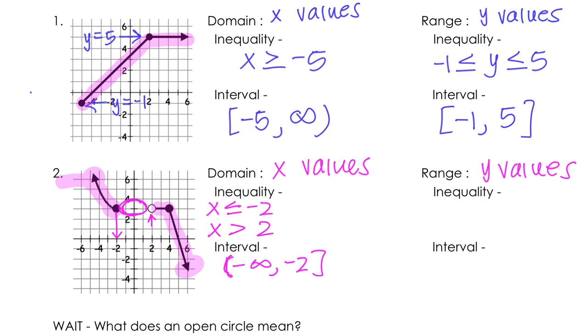Our other interval starts at +2. Is +2 included? Then will it get a bracket? It'll get a parentheses, okay? And we go to positive infinity. So we go from negative infinity to -2, and then from 2 to infinity.